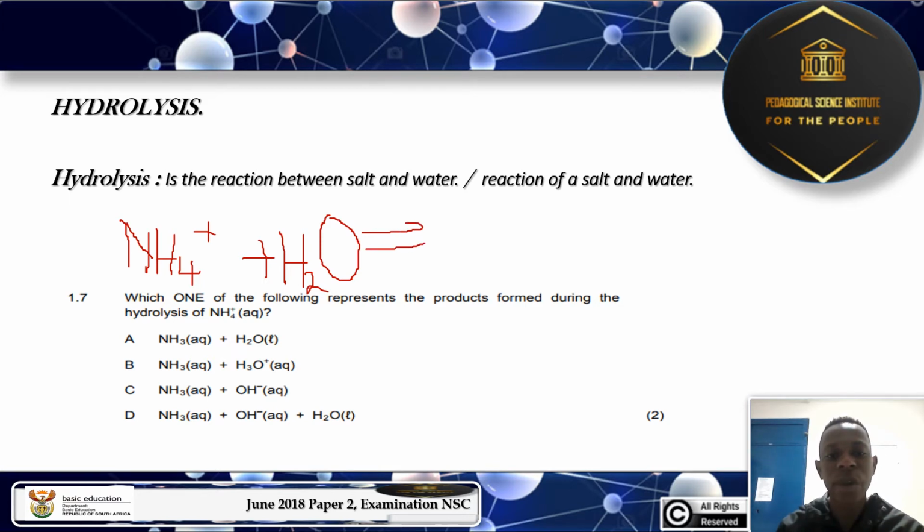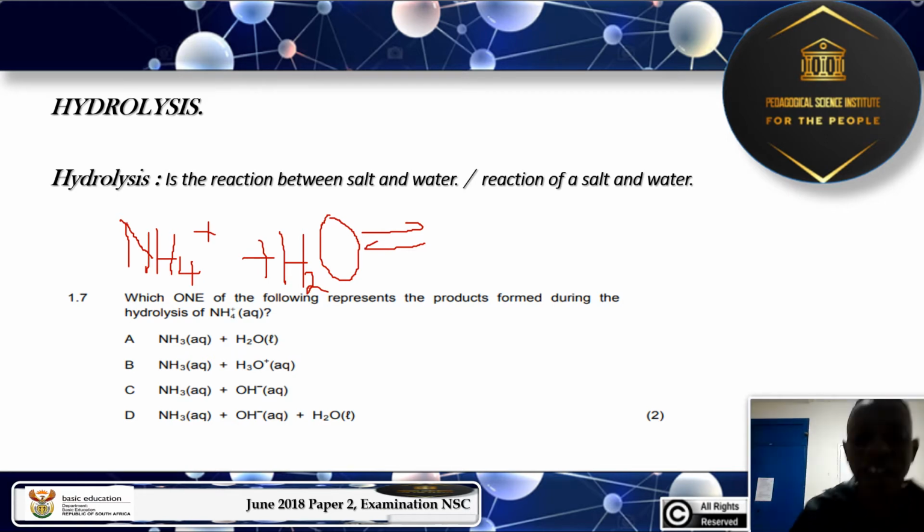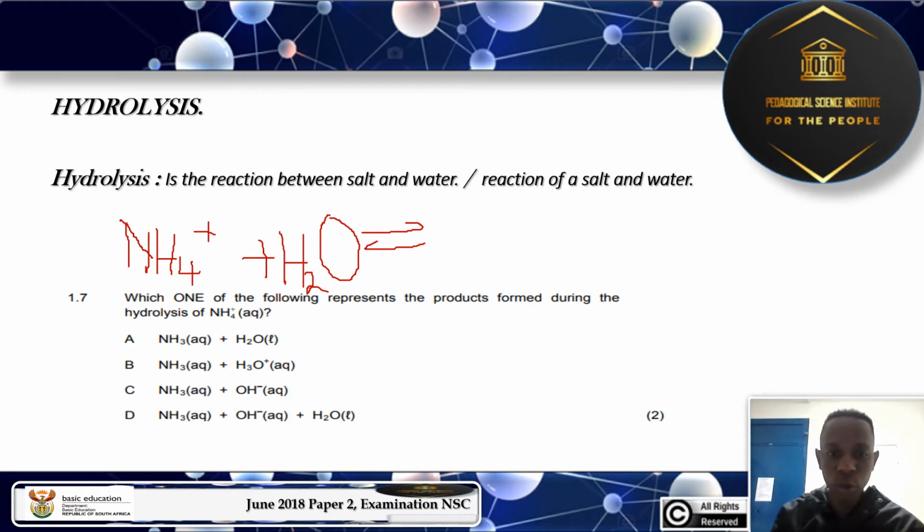Then we are only interested in the products. What is going to be formed on this side? So let us look at NH4+. Is this an acid or a base? And let us look at H2O. Is this an acid or a base?